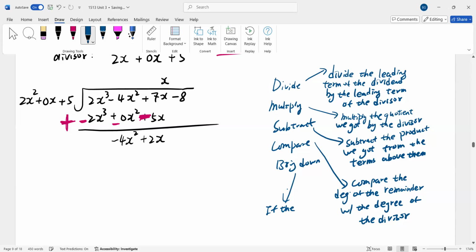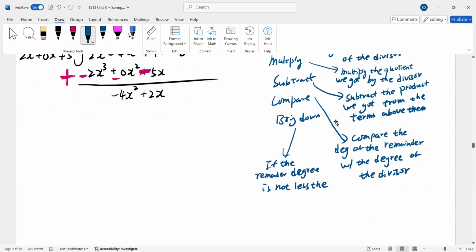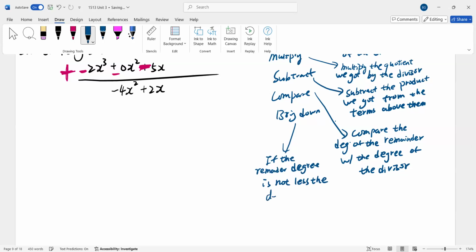If the remainder degree is not less than the degree of the divisor, bring down the next term in the original dividend.